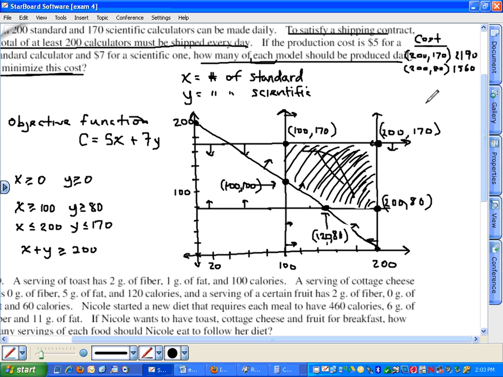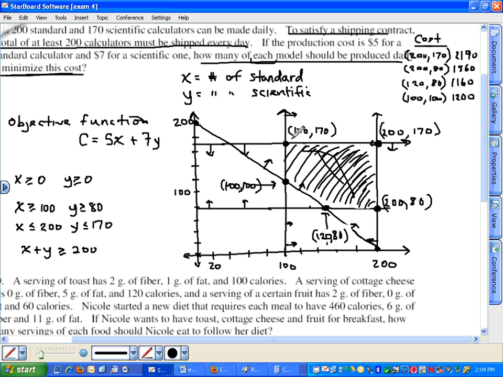If this vertex right here, 120 comma 80, if we have 120 standard and 80 scientific, that's a cost of $1,160. This vertex here, 100 comma 100: if 100 of each are made, that's a cost of $1,200.